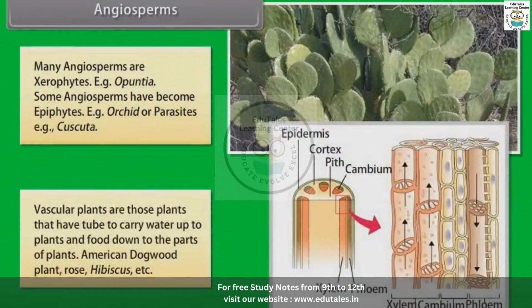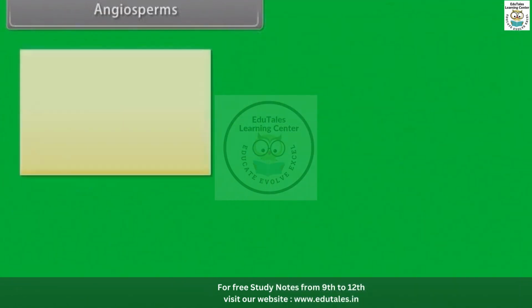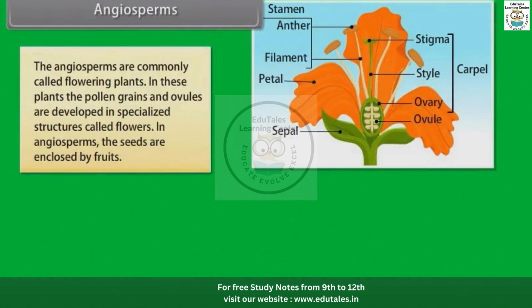Vascular plants are those plants that have tubes to carry water up to the plant and food down to the parts of the plant, for example, American dogwood plant, rose, hibiscus, etc. The angiosperms are commonly called flowering plants. In these plants, the pollen grains and ovules are developed in specialized structures called flowers.